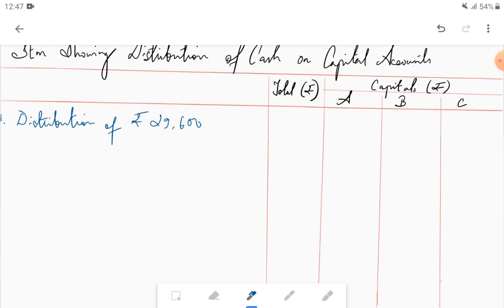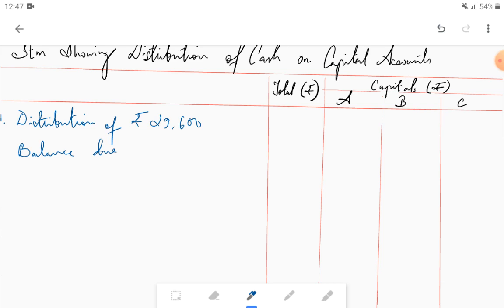So 29,600, this is the first phase. In order to do that, firstly, remember we take into consideration balance due. So how much do we owe the partners? In order to calculate the balance due, we have to take their capital accounts.